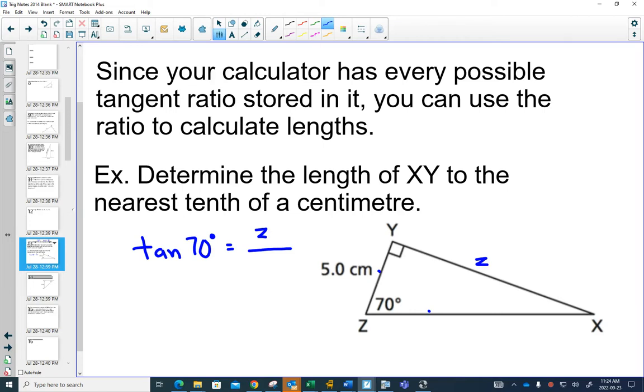One is a little z, this is a capital Z, as you can tell so easily. Probably the letter Z wasn't the best one to choose for seeing big and little letters. Okay? Does it make sense that Z to X is the hypotenuse? So then the adjacent side would be the 5.